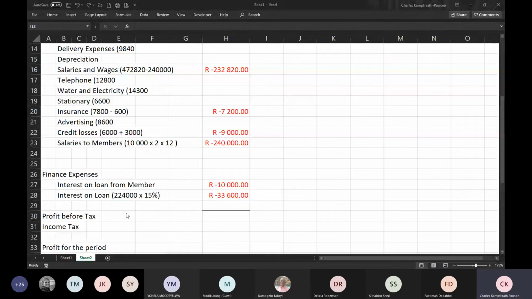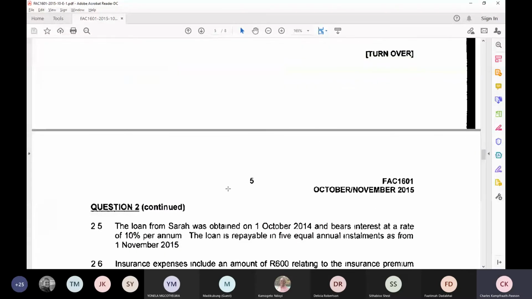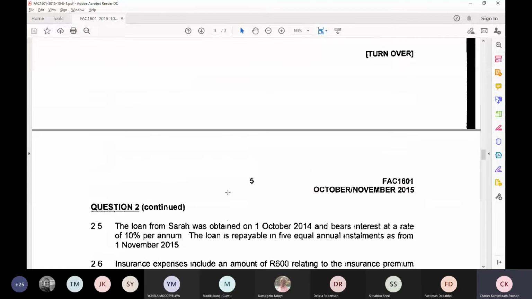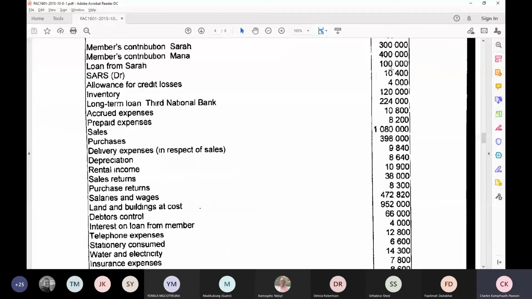amount given, but we only have to work with the amount given since we are doing the statement of profit and loss. If we did the statement of financial position, then we would have had to use that SARS amount of 10,400 less the 52, that is the current income tax expense, and the difference would have been a current liability, income tax payable.